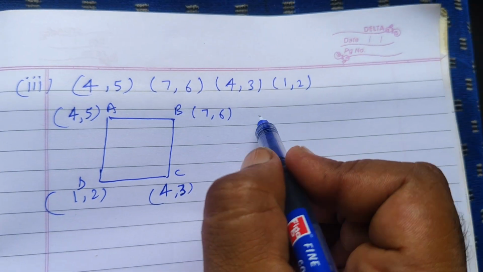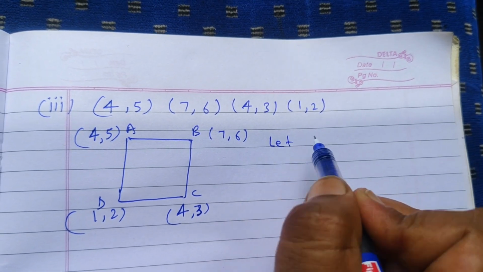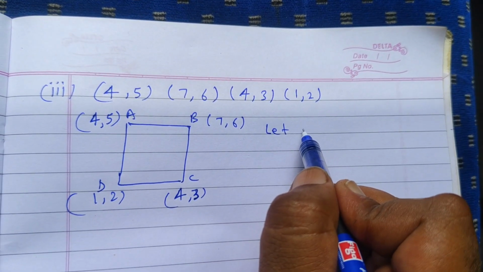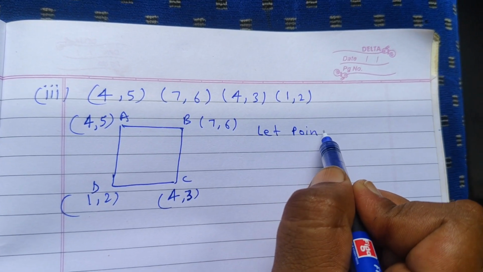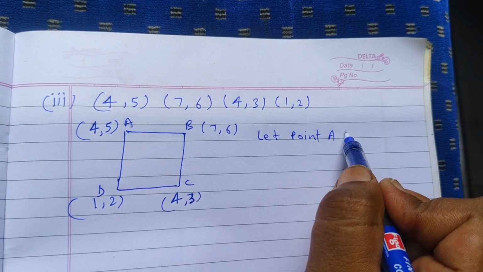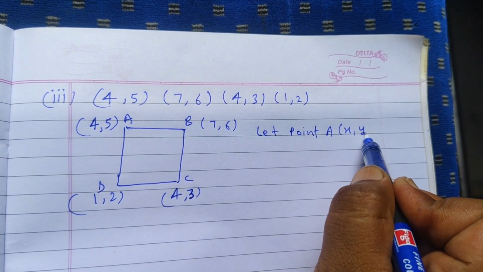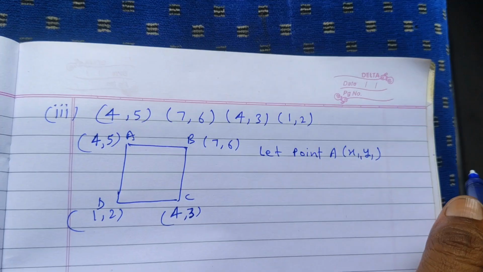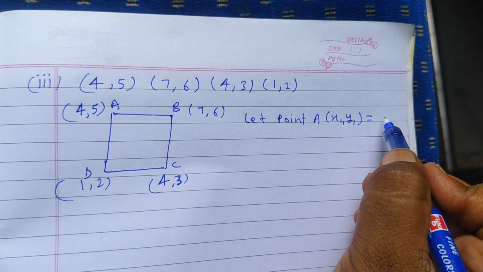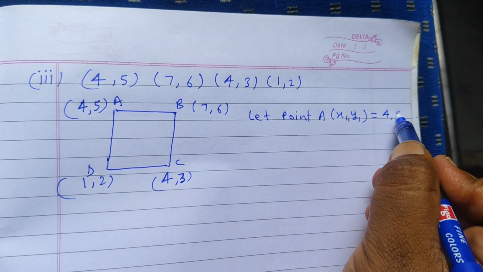Let point A (x1, y1) be equal to 4 comma 5.